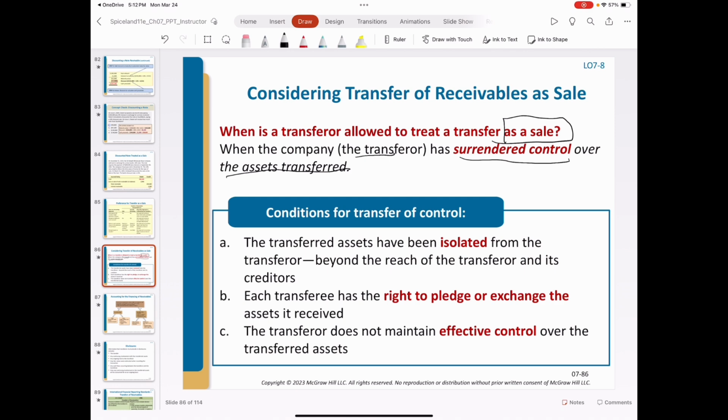The condition is whether the receivables have been isolated from the transferor, beyond the reach of the transferor and its creditors. Each transferee has the right to pledge or exchange the assets it received because the transferee now is the owner. The transferor does not maintain effective control over the transferred assets.